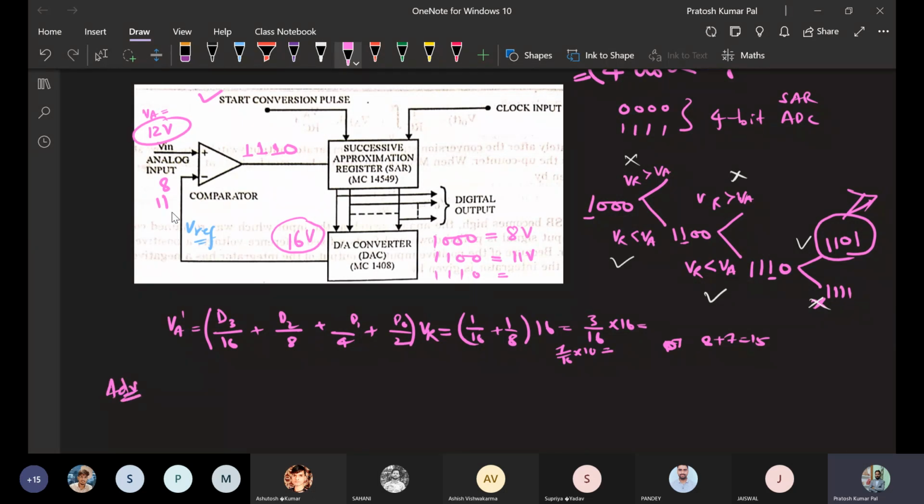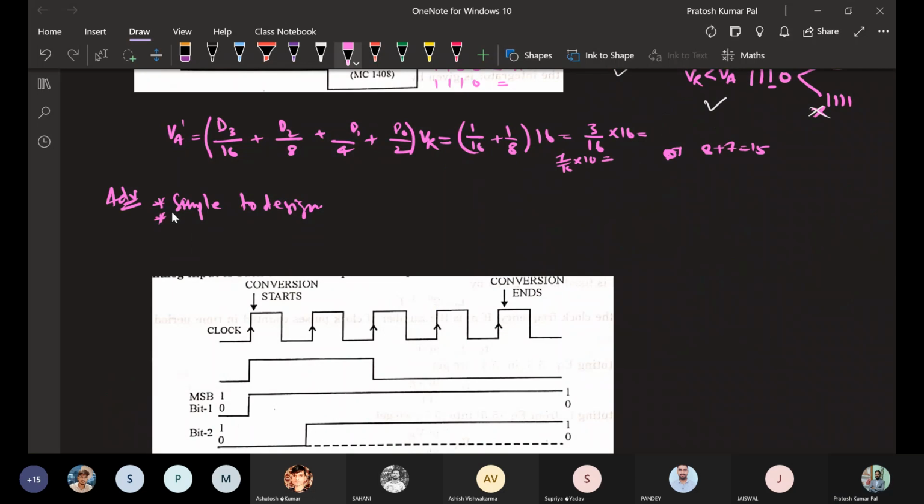So in terms of advantages, we can call it simple to design, and less time is required.